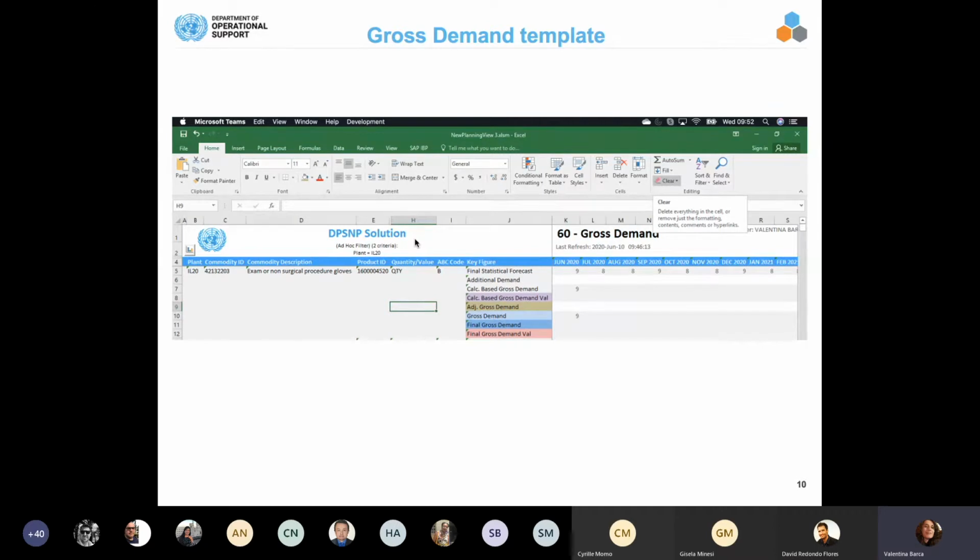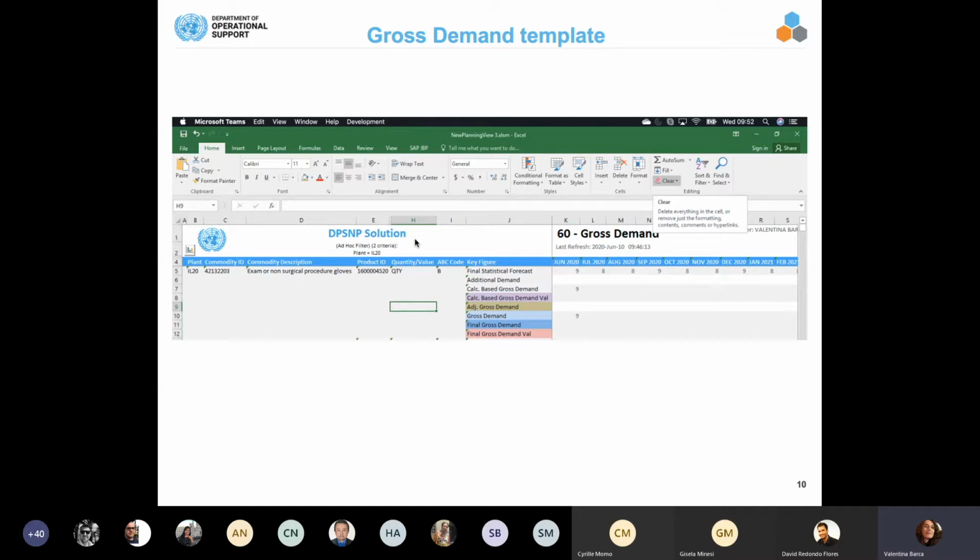In this specific commodity and product, I don't have the EPP, but eventually it will show there if this product is part of the entity priority project demand. And the main thing here, and again David is going to go through that, is the calculation-based gross demand, a quantity and then a value, and then you have the opportunity to adjust.